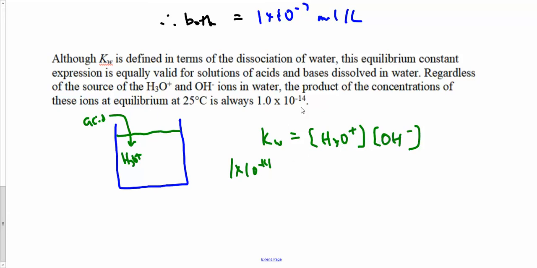So this equilibrium constant expression is equally valid for solutions of acids and bases dissolved in water. Regardless of the source of the H3O+ and OH- ions in water, the product of these two concentrations at equilibrium at 25 degrees Celsius will always be 1 times 10 to the minus 14. So when one goes up, the other one has to go down. So keep that in mind.